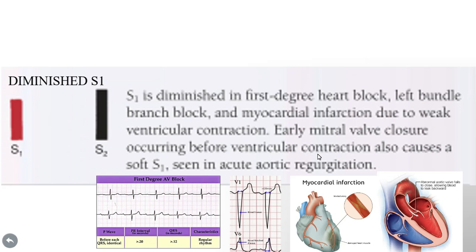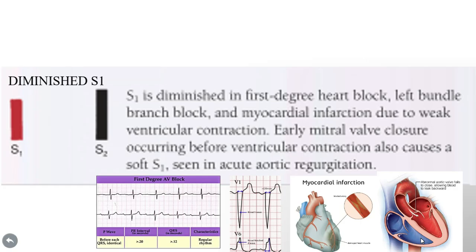Diminished S1 can be appreciated in patients with first degree heart block, left bundle branch block, and MI with early mitral valve closure. It is also decreased in patients with congestive heart failure, which means there is already significant involvement of the muscle.